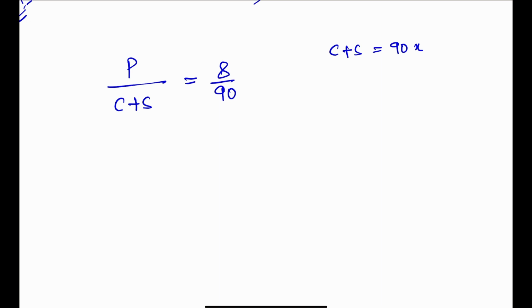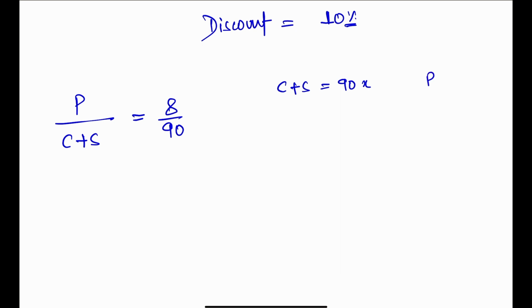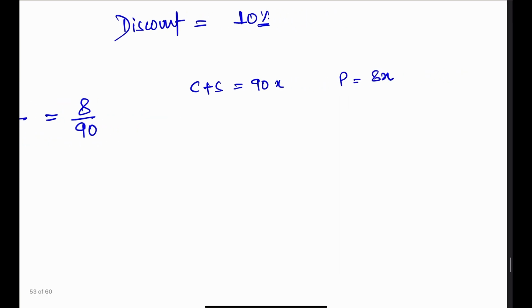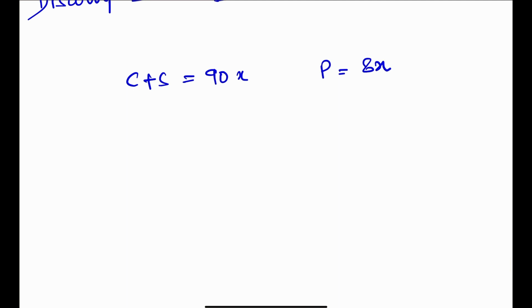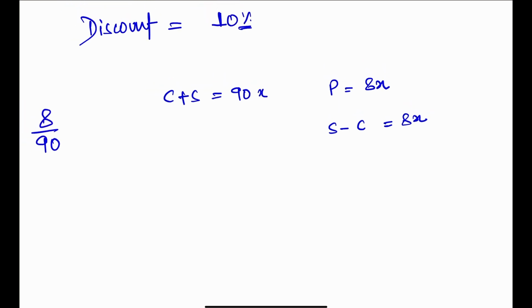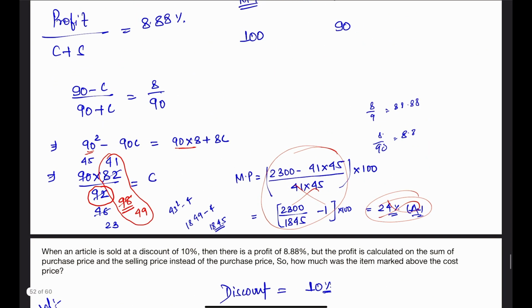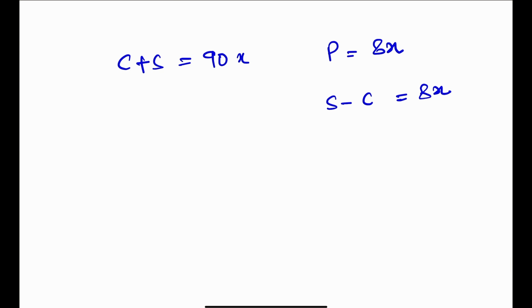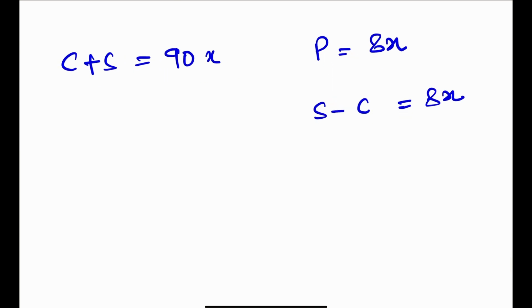And I can say that my P is 8x. So what is actually P? S minus C is equal to 8x, right? What we did here was cross multiplication, but instead this will be a better option. Why? We will find out.